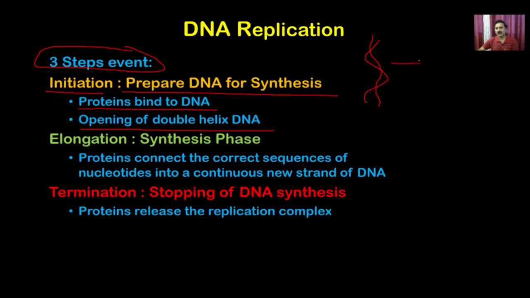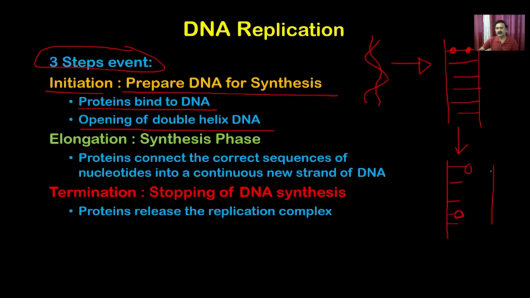This double helical structure has to be converted into the single stranded structure so that the enzyme is able to read the bases present within this DNA. And then this DNA is converted into single stranded DNA so that the nucleotides are accessible for the enzyme to read, and that's how it is going to synthesize the complementary strands.